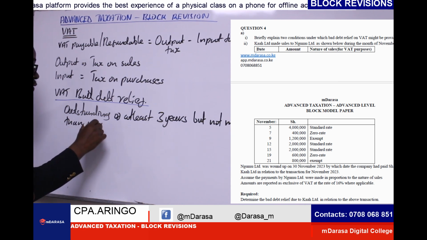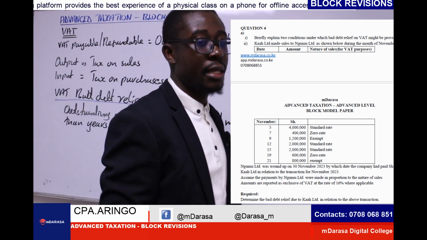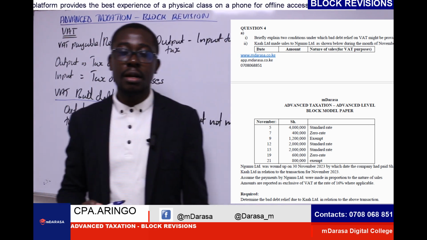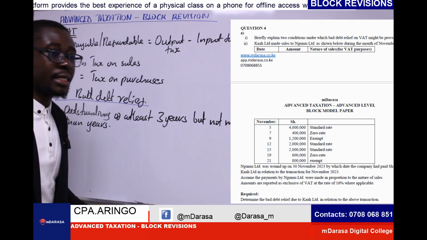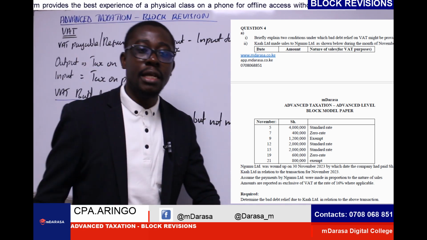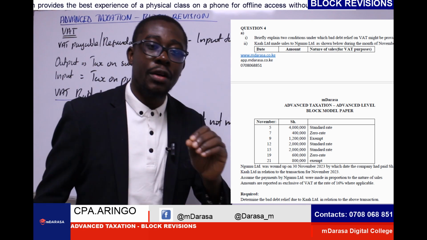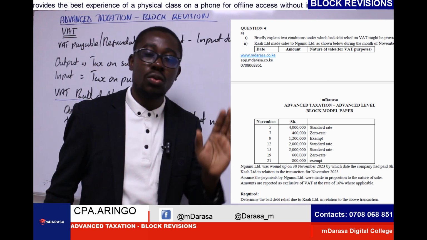So these are the conditions if you are to be granted the VAT bad debt relief. Condition number one, the debtor of a taxpayer must have been declared bankrupt or insolvent, meaning that this person won't pay that amount anymore.